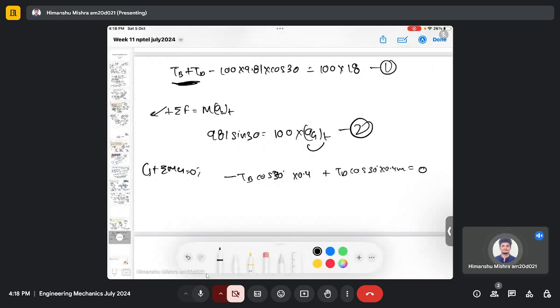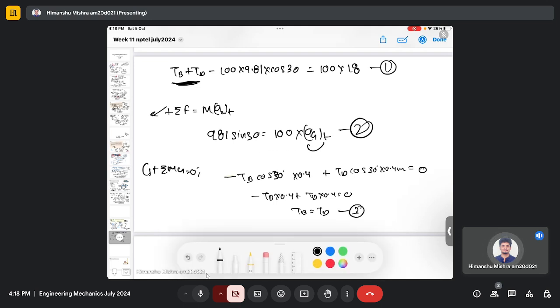Then it is minus TB upon 4 plus TD upon 4 equals 0, which means TB equals TD. So this is equation 3.